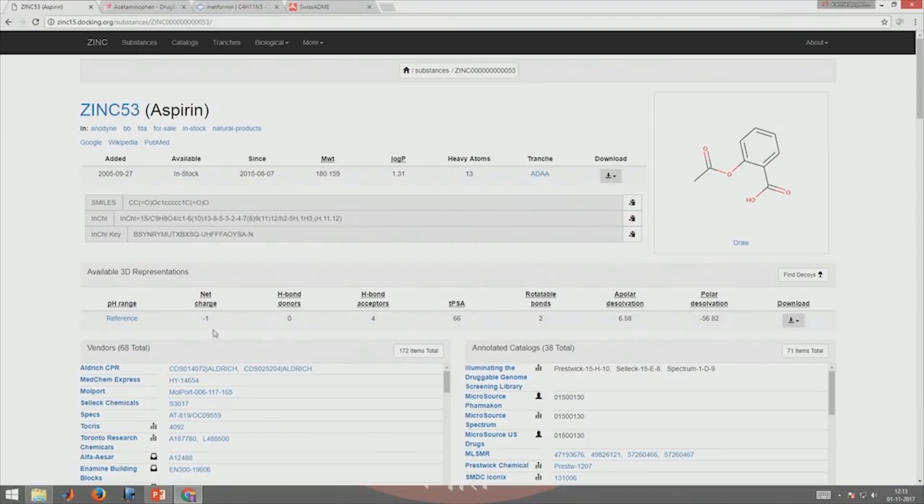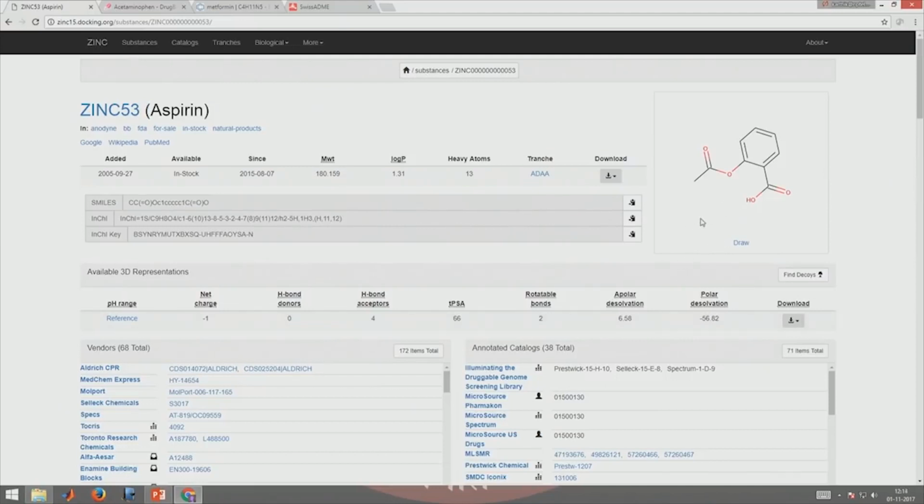Now, as you can see, some properties are given: net charge, hydrogen bond donors, that means does it have any donors like OH, NH, but this OH is not considered as a donor because generally it dissociates into O minus and H plus. Hydrogen bond acceptors, it has got 1, 2, 3, 4. Total polar surface area is contributed by the oxygens and nitrogens.